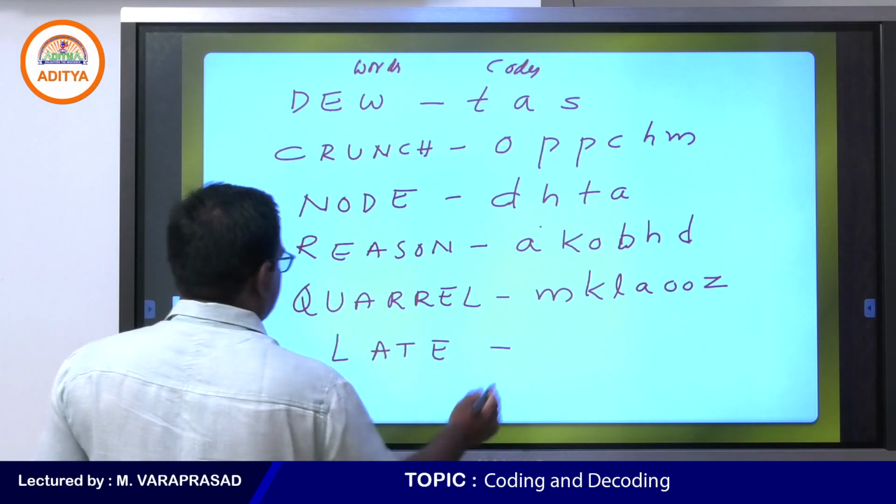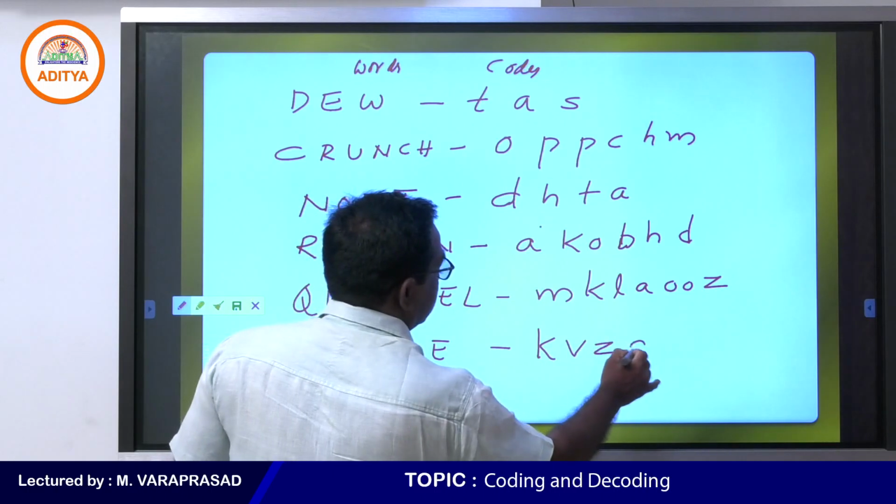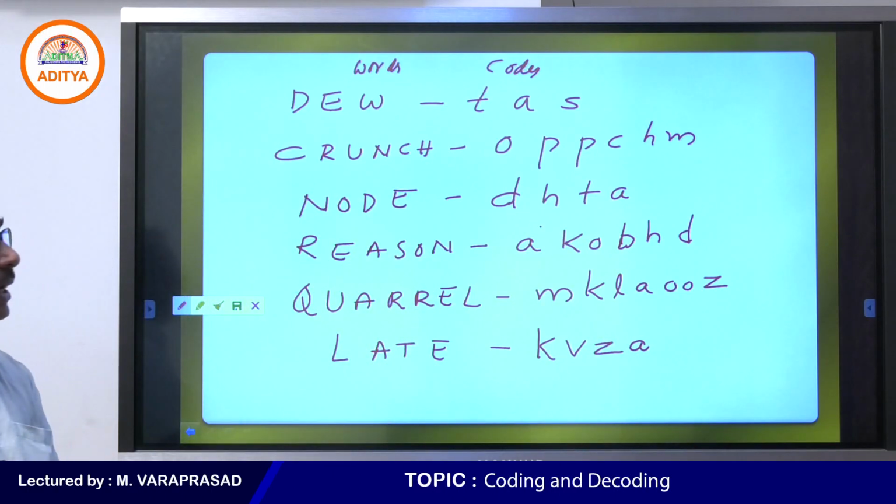Late is given as KVZA. So these are the words and codes given.